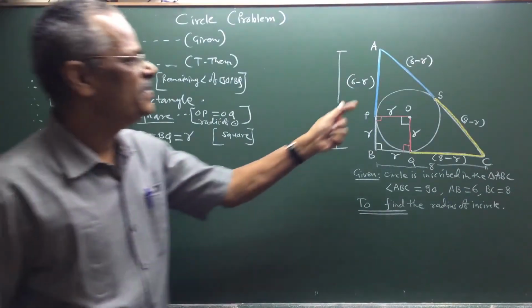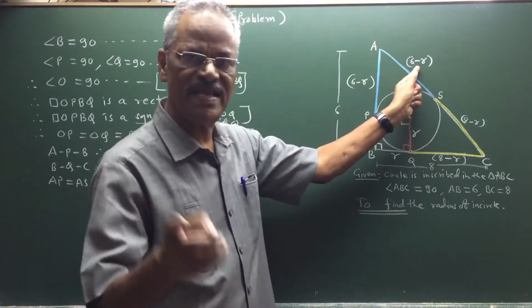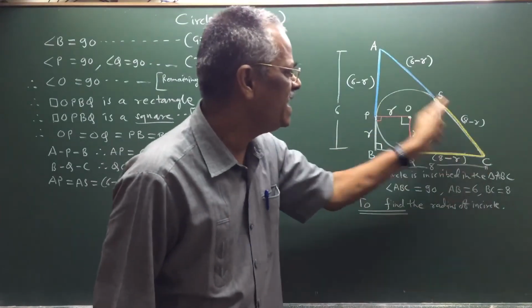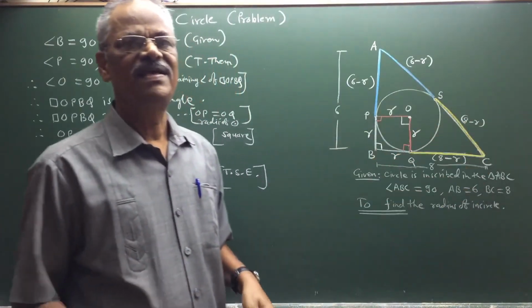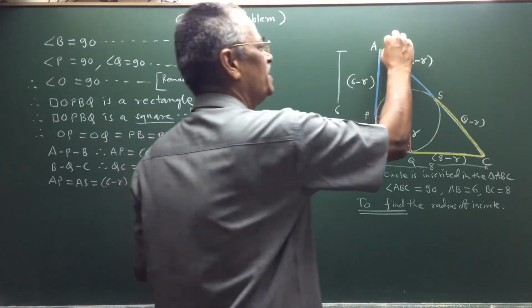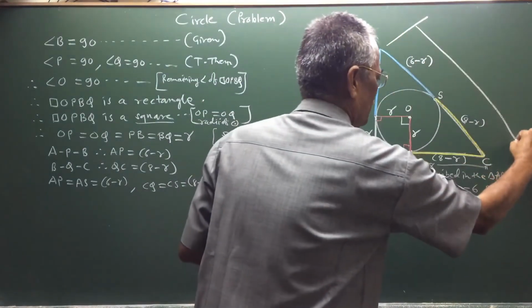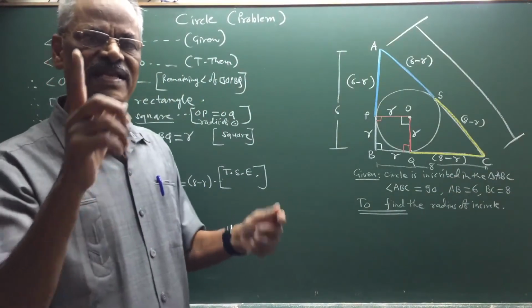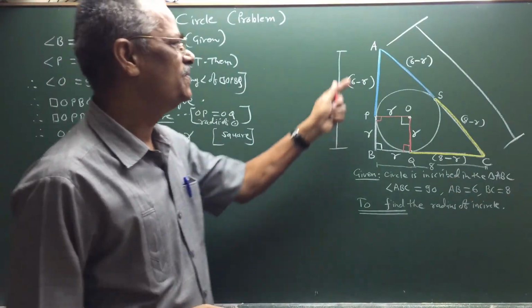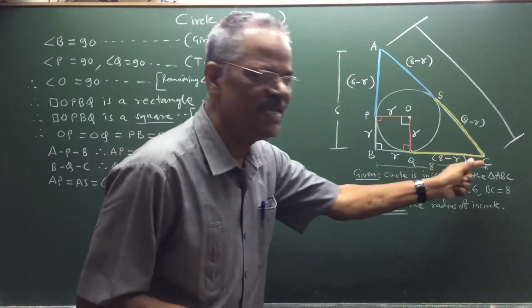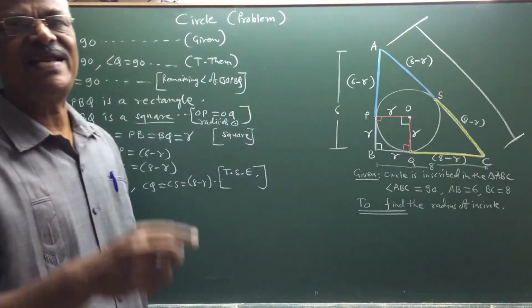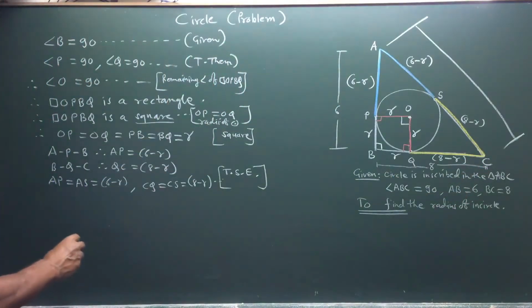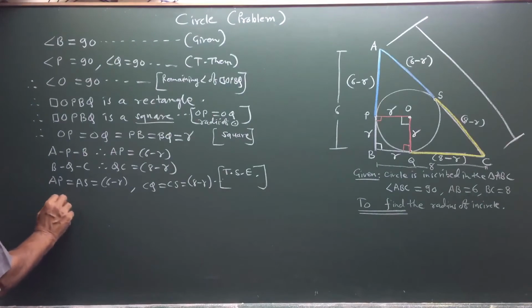Now we know that AS is 6 minus R and CS is 8 minus R. If we know the length of AC, we are able to get an equation. ABC is a right angle triangle, and AB is given.